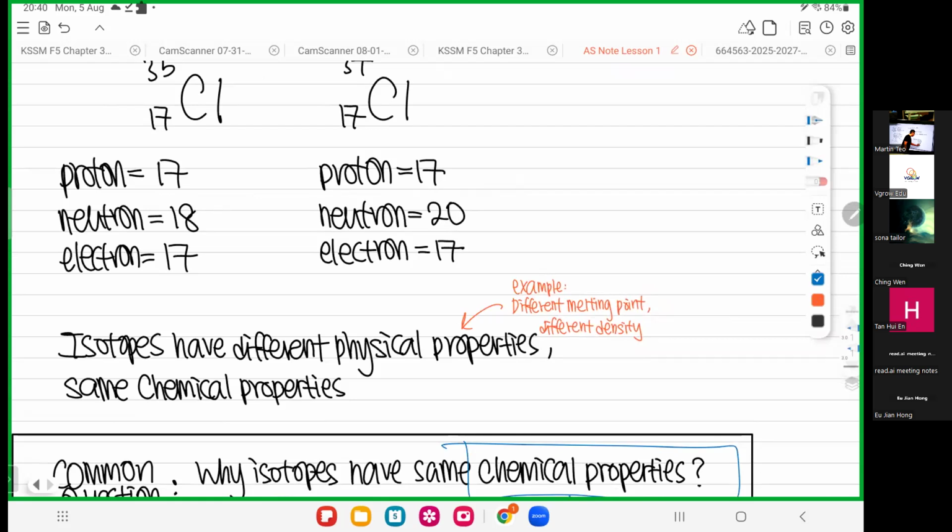Nothing to do with isotopes, I just ask a simple question. Anyone? Let me know the answer in the chat box. What is the factor that determines the chemical properties? What will you write? Come on, let me know the answer in the chat box.